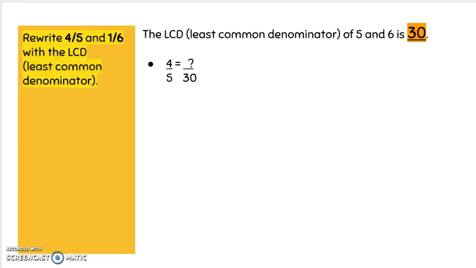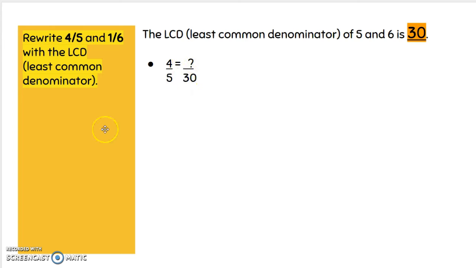Let's look at the first fraction. I'm going to rewrite 4/5 using the new denominator, the least common denominator, which is 30. Now, what does that really mean? Well, you remember in a fraction, the number on top is the part, and the number on the bottom is the whole, right? And this should represent the same ratio of part to whole, but just written in a different way.